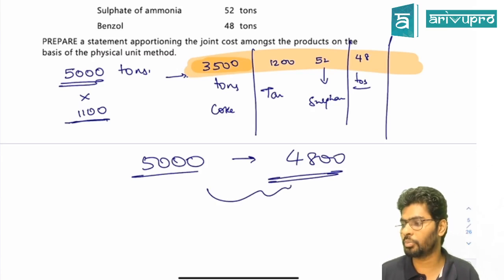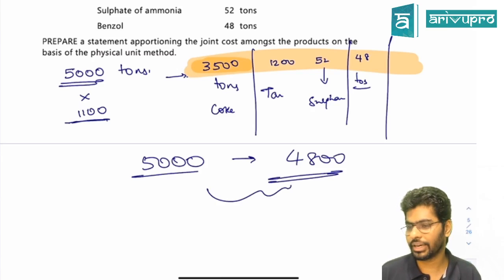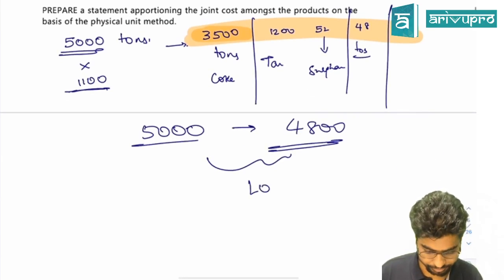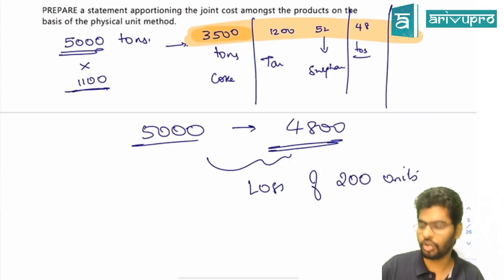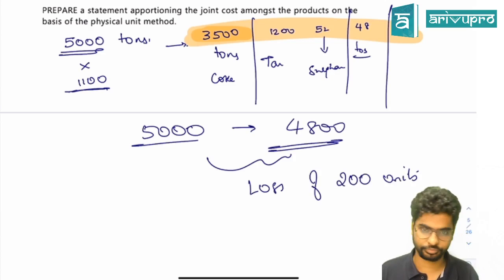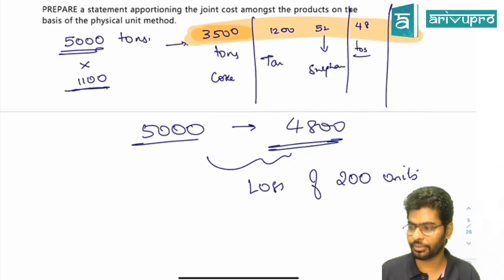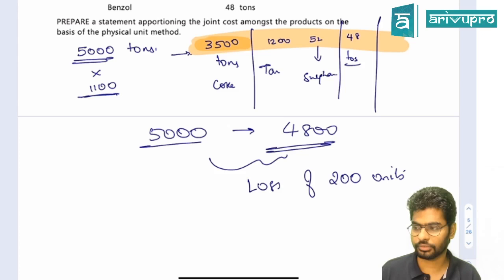So input and output are not matching, right? That means there is a loss of 200 units, correct? Yes or no?